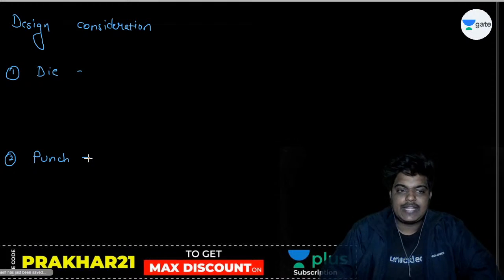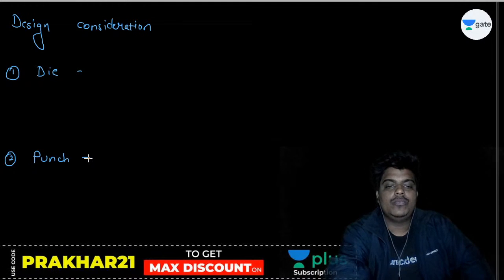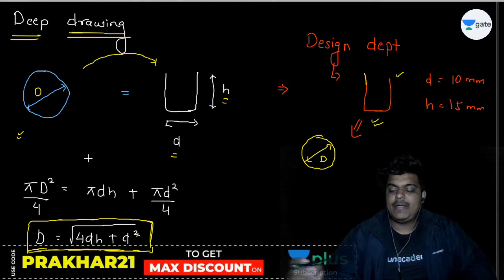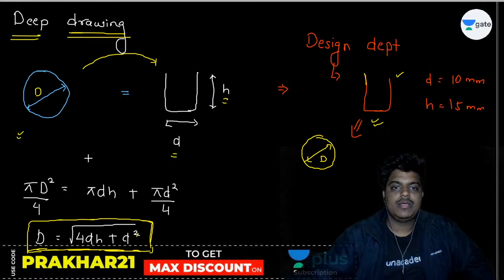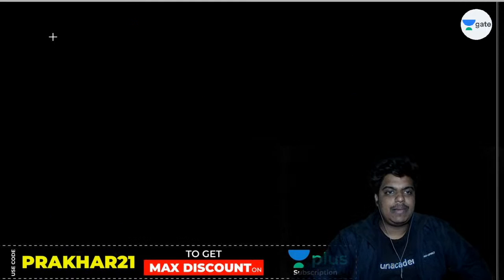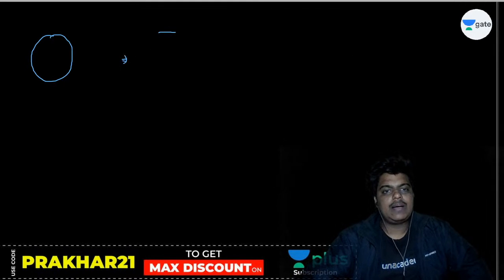एक जरूरी फॉर्मूला मैं आपको बता दूं कि काम का फॉर्मूला क्या रहता है। सपोज यहां पर आपने फ्लैंज तो कंसिडर किया नहीं है, फ्लैंज क्या होता है वो भी समझ लो। Suppose this is a blank and from this blank a cup shape object is made.